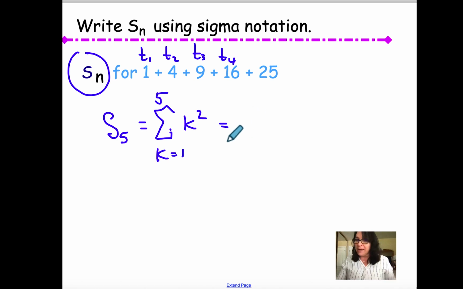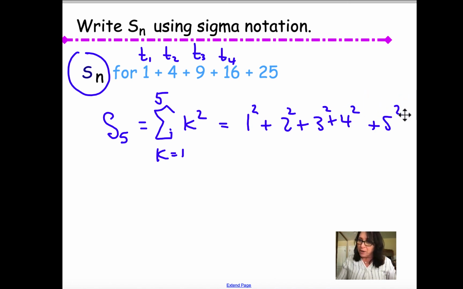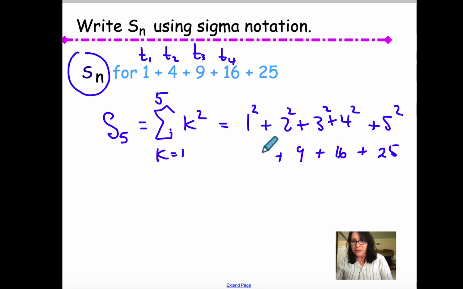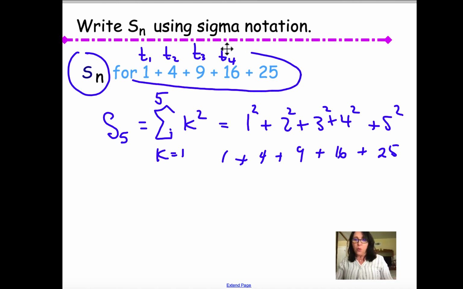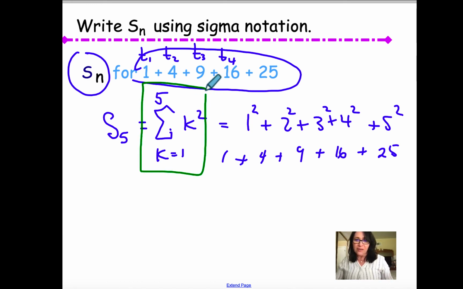So if I did plug in 1, I would get 1 squared plus 2 squared plus 3 squared plus 4 squared plus 5 squared. And now I've got a sum of the values from 1 to 5. And this would be 25 plus 16 plus 9 plus 4 plus 1. And this does represent what we had here in the beginning. So we've definitely written this as sigma notation, which is this value right here.